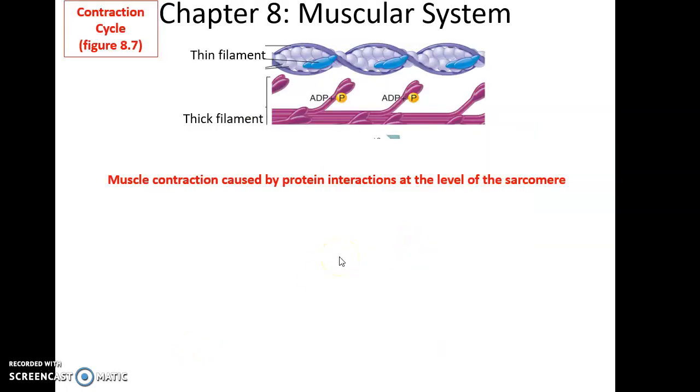What happens next is, of course, happening on the molecular level, involving the proteins of the sarcomere. The muscle contraction occurs at the molecular level via protein interactions between the thick and thin filaments. This should be found on page 8.7. It's called the contraction cycle.